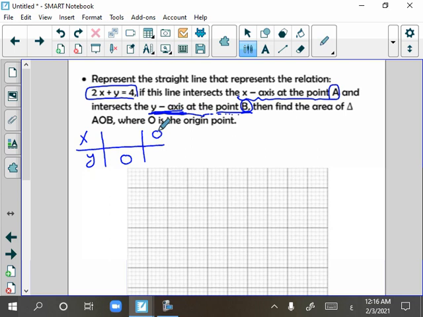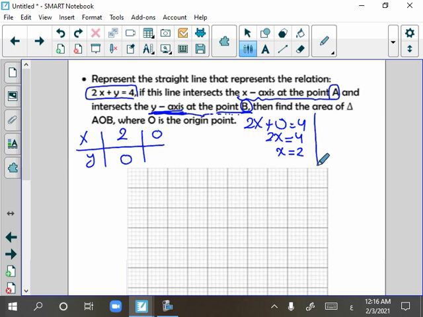When we substitute y with 0, then 2x equals 4, then x equals 2. Again, 2x plus 0 equals 4. Then by dividing both sides by 2, x equals 2.